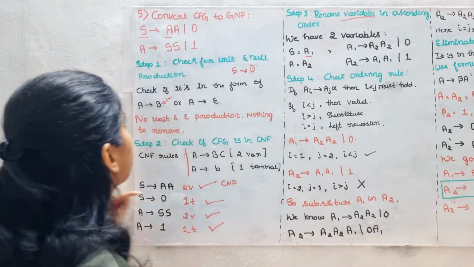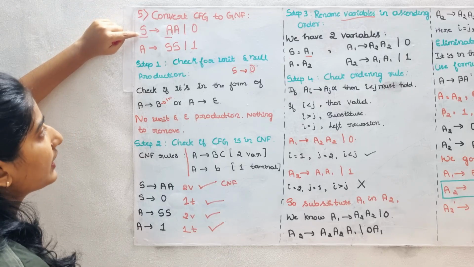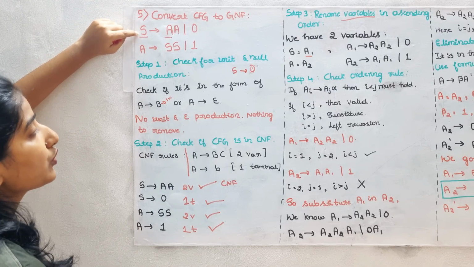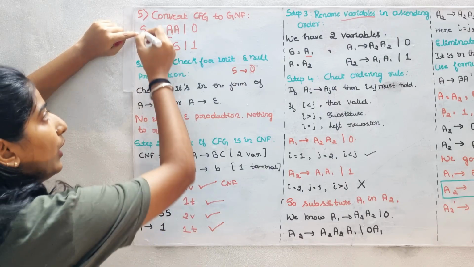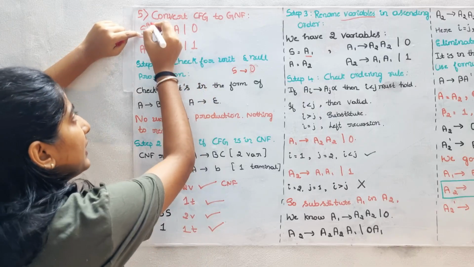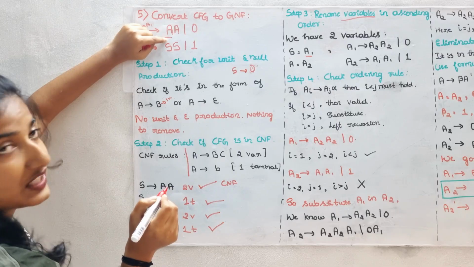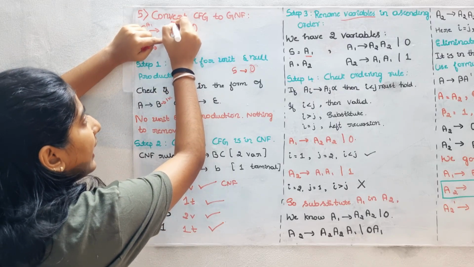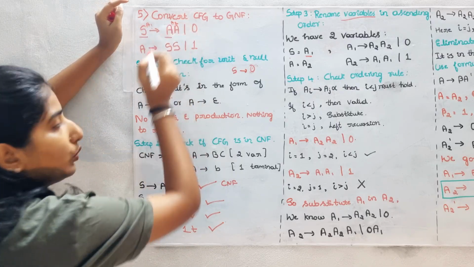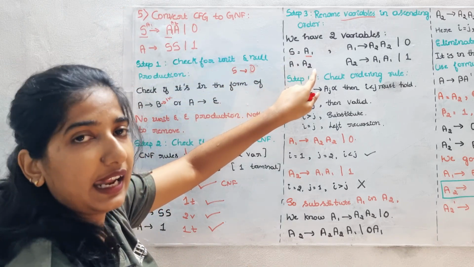Ascending order means the variable that we get as the first one in the equation should be renamed as A1, which means first place. So first place should be given to S and second place will be given to the next variable, so it will be A2. So 1, 2. Clear? S will be A1 and A will be A2.